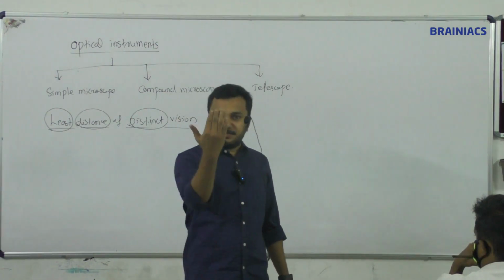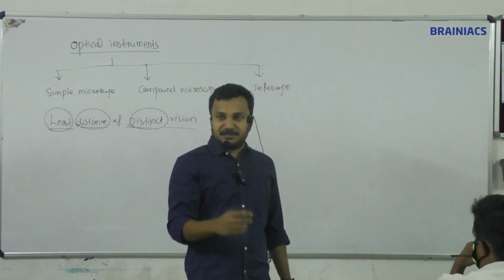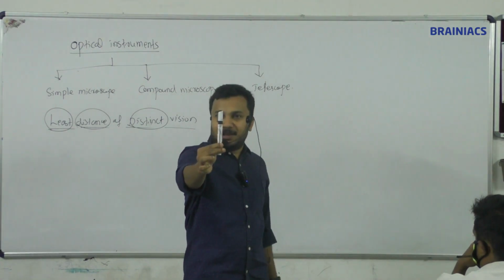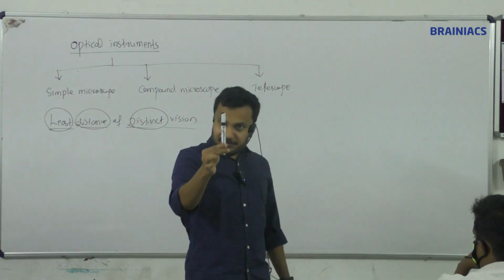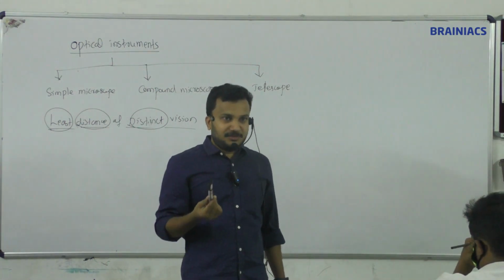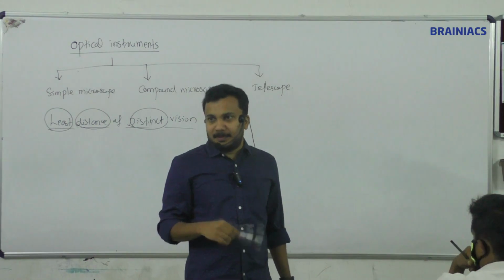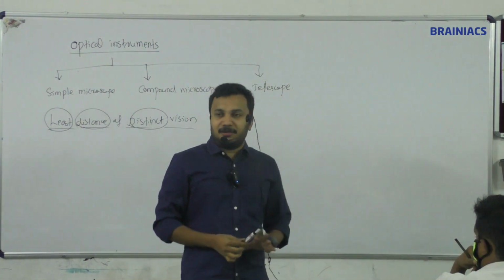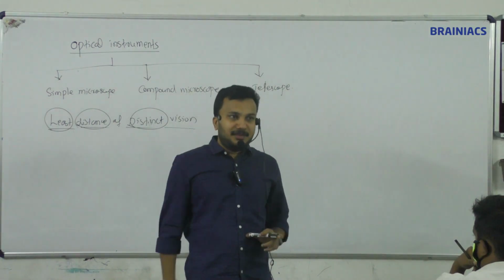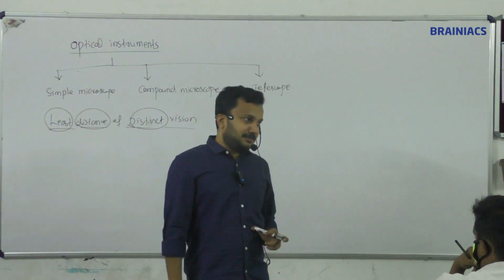So there is a minimum distance away at which it is clearly visible. After that I can see, but if it comes towards my eye again, I cannot see the object. It will become blurred. That minimum distance is called the least distance of distinct vision. It is a standard value, 25 centimeter.